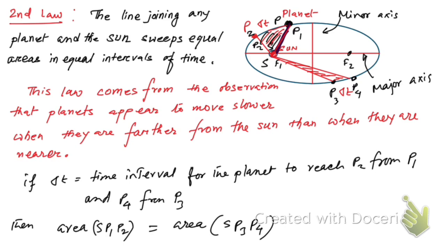So now let me write the third law, and let me tell you one more thing before I write it. Kepler's first law is known as the law of orbit, and the second law is known as the law of areas.